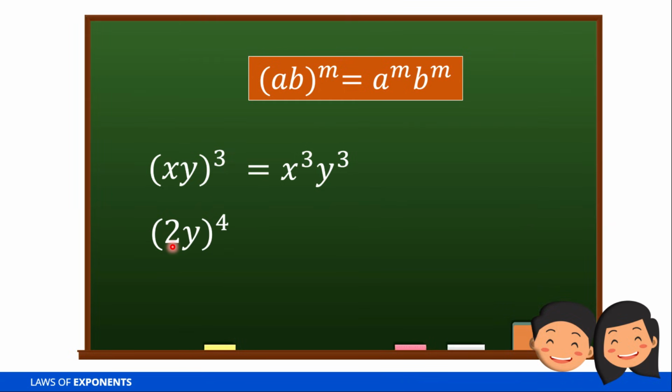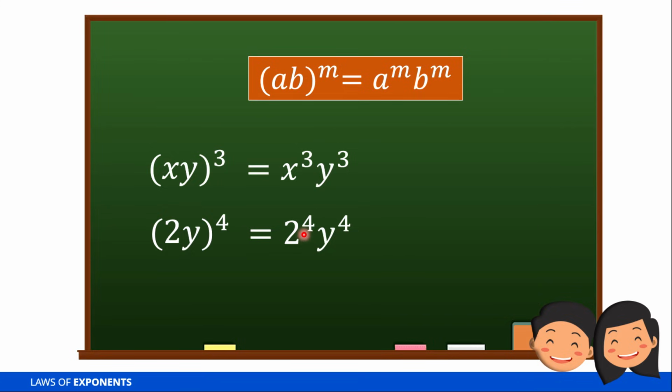Okay, so we have quantity 2 times y or 2y raised to 4. So, this is also one of the common mistakes, okay? So, kapag mayroon tayong i-distribute na exponent, hindi lamang doon sa exponent ng variable, kundi doon sa exponent din ng ating base na number, kagaya ng 2, dito sa ating given. Okay, so this will become 2 to the 4th power times y to the 4th power.